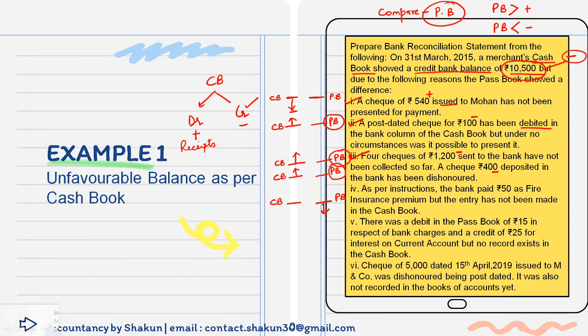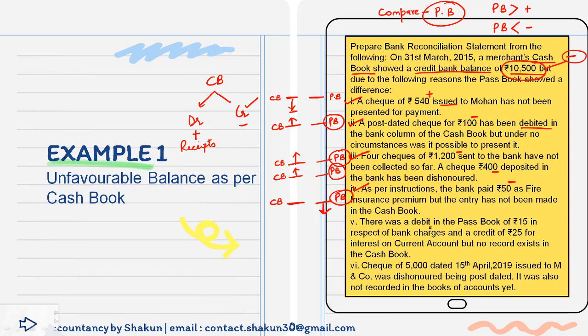When they made the payment, our passbook got decreased. But no entry has been made in cash book, so the cash book is at the same level. I have to compare with the passbook. My passbook is lesser than the cash book. Since it is lesser, this will also be a minus item. So fourth transaction done.